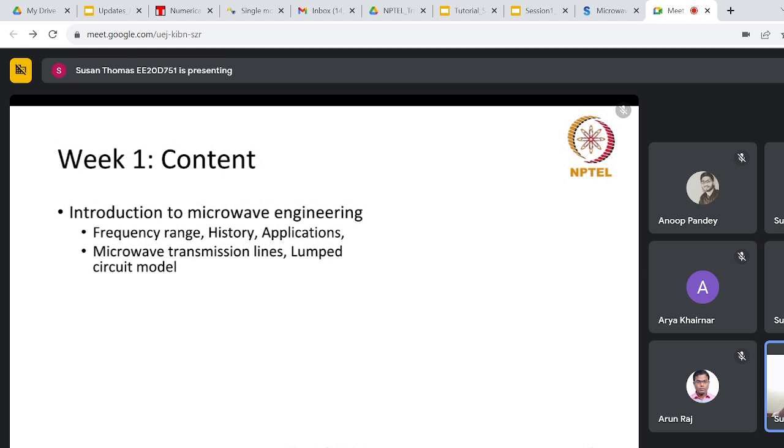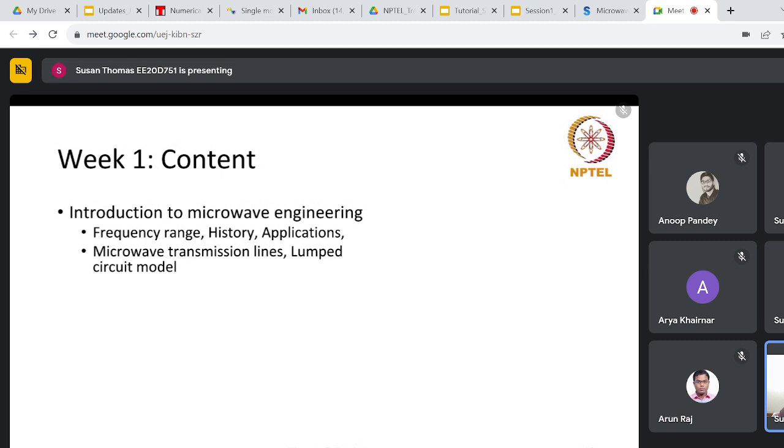So this is really useful, because from the very basic coaxial line towards the microstrip lines, the fundamental concept of transmission line is the same. So understanding these transmission lines is very important.